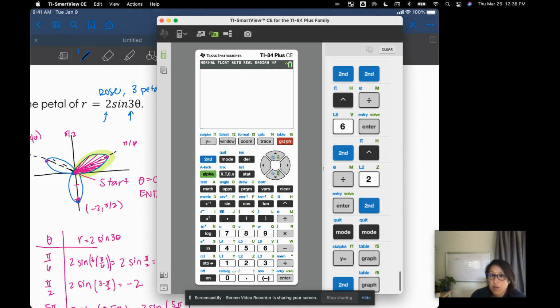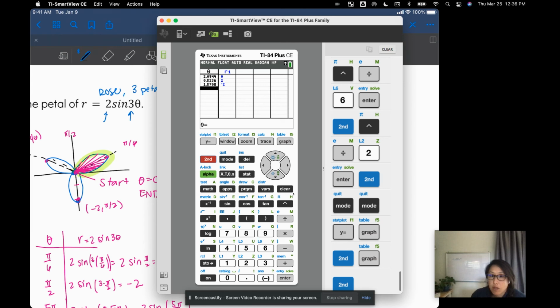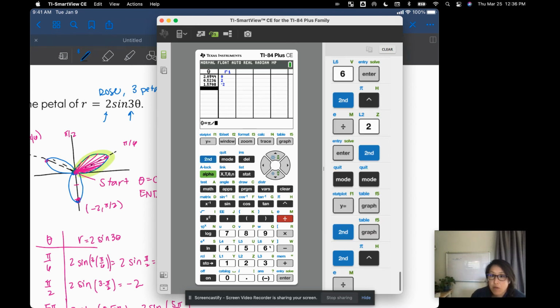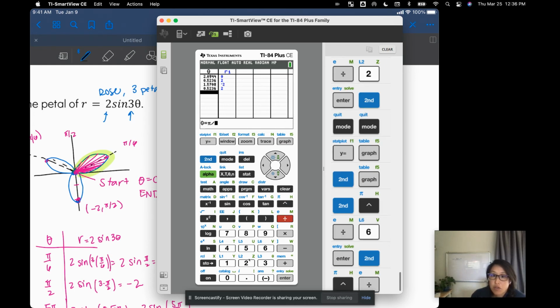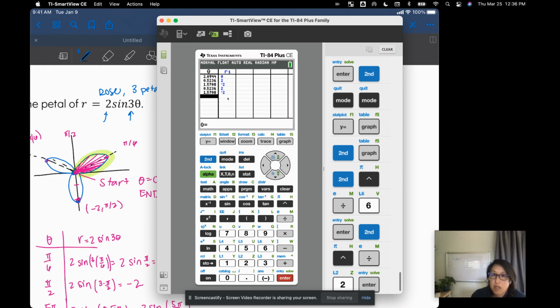You can use the table function. I thought I made a mistake, but I was like, okay, I'm going to double check that pi over 6 gives the radius of 2. And then for pi over 2, I just wanted to double check that it equals a radius of negative 2 to make sure I graphed in the right direction. So you can use the table function like normal.